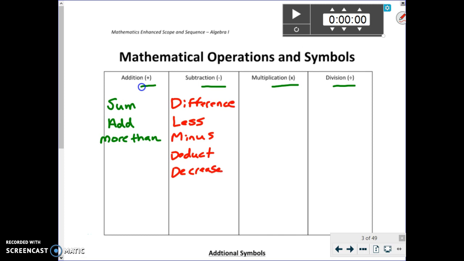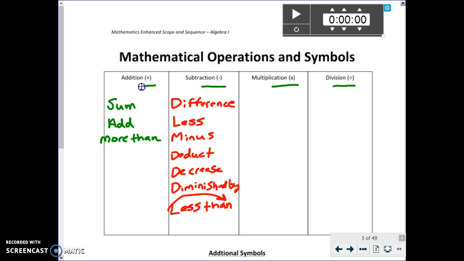So decrease or decrease by. We have diminished. And we also have one that I always like to draw an arrow for, and that's less than. And whenever we have this less than, I draw an arrow from the front to the back, because that's one that we're going to change the order for.